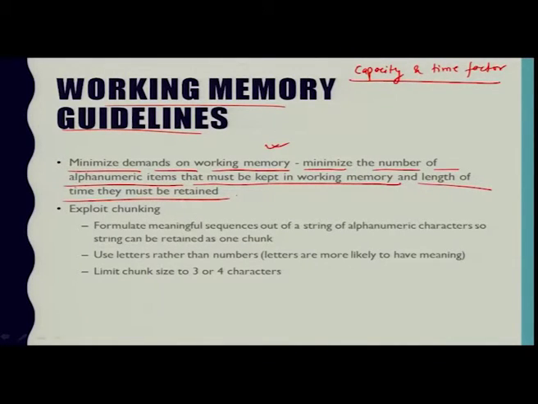For example, a manufacturing company could implement this rule by adopting a part number system with fewer digits. We know that the capacity of our memory is that we can recall only about 7 pieces of information at a particular time, which we term a chunk.